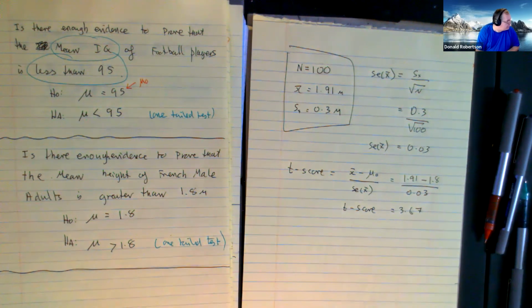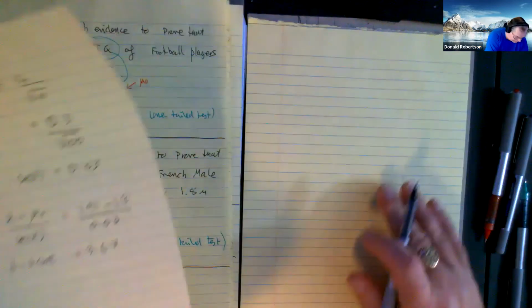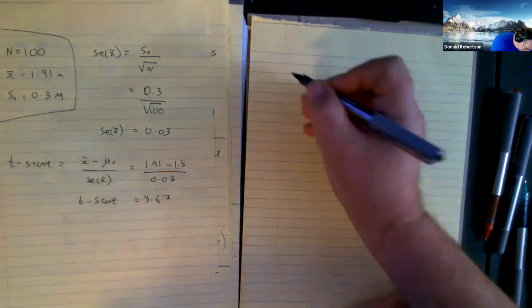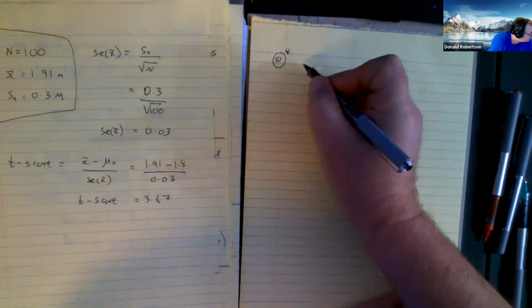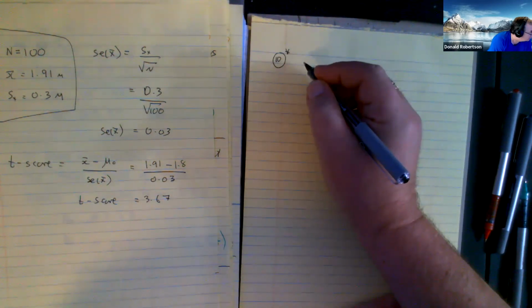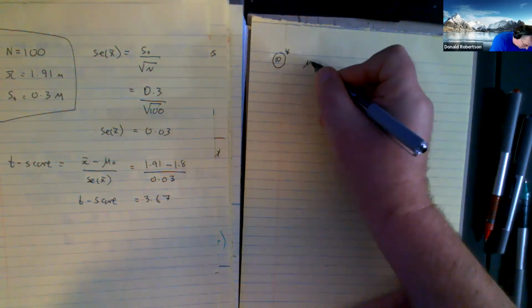So I'm going to do, I won't show you, I'll just use the question numbers. And this is an example of question 10 from the homework. And you're told basically all the stuff that you need.